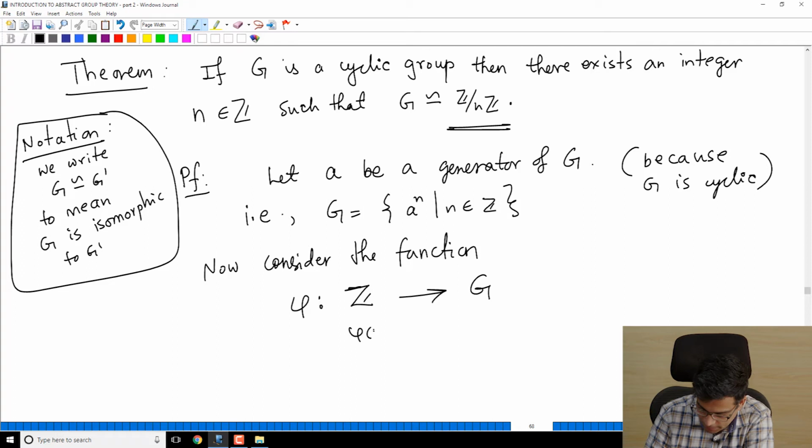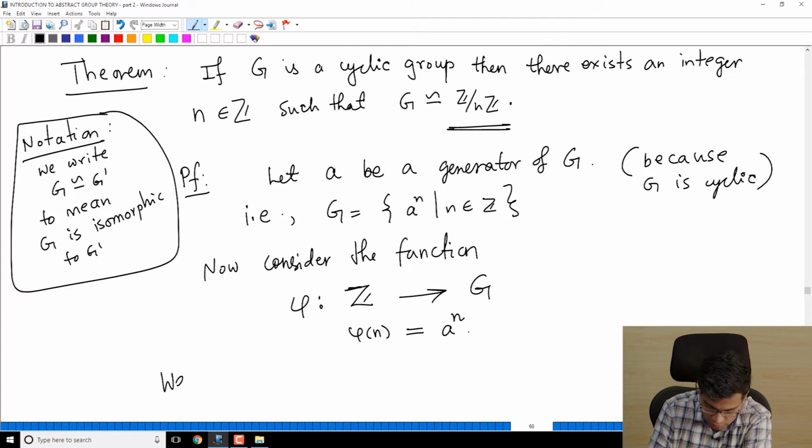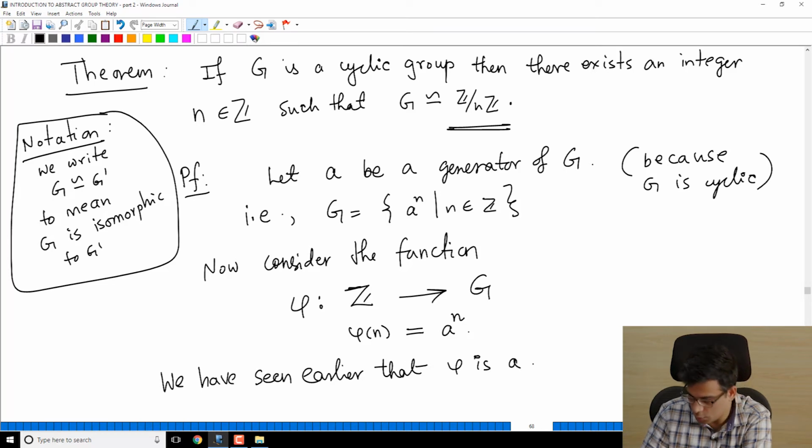It takes n to a to the n. This is a function that we have studied in a previous video. So we have seen earlier that phi is a homomorphism.